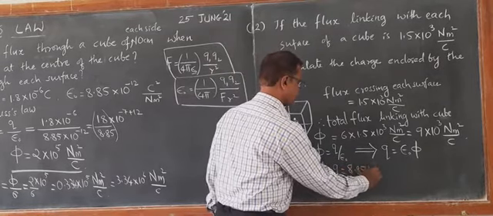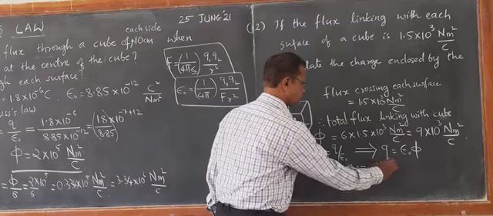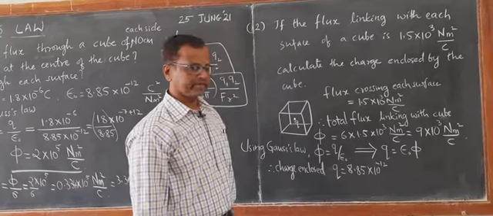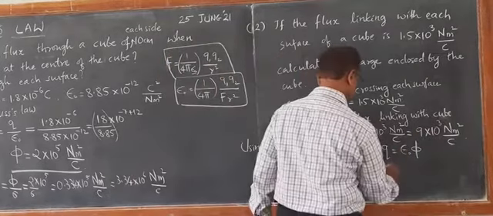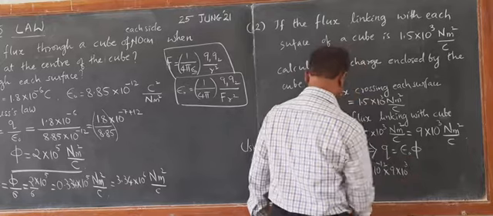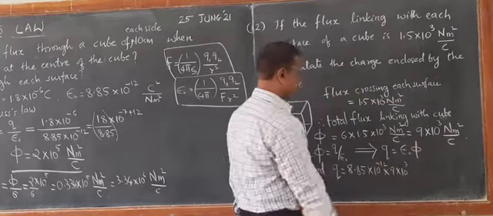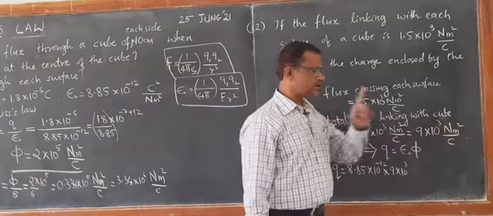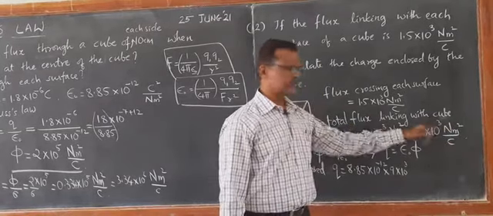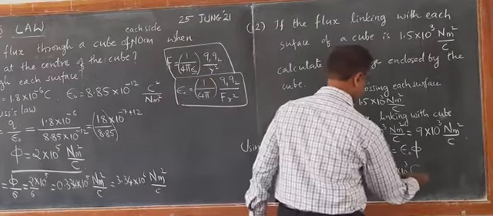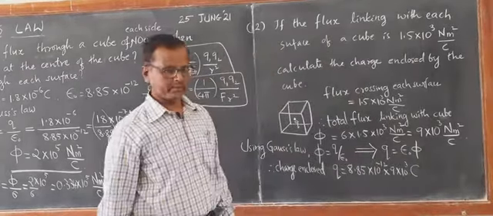8.85 into 10 raised to minus 12, that is the value of epsilon naught. Then substitute the value of phi, which we got, 9 into 10 to the power of 3. If you just substitute, here coulomb square and here Newton meter square per coulomb, Newton meter square cancels with Newton meter square, so you are left with the SI unit of charge, that is coulomb.